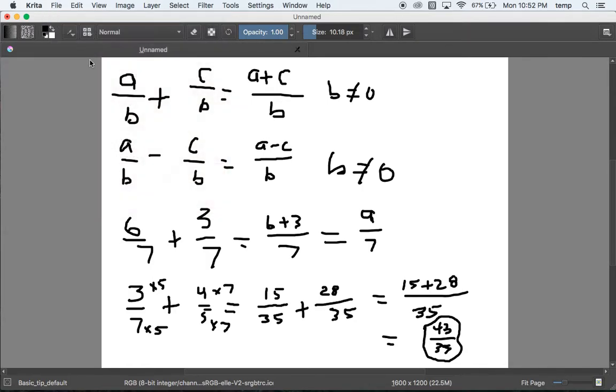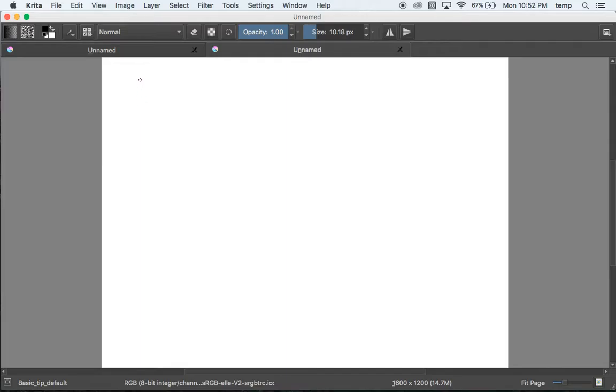Same process goes for if we had subtraction. So let's say we had 9/8 minus 5/12. Well, we can find the least common multiple, right?